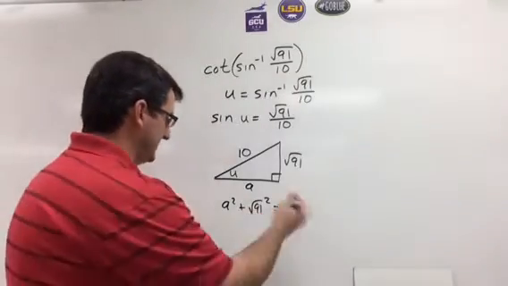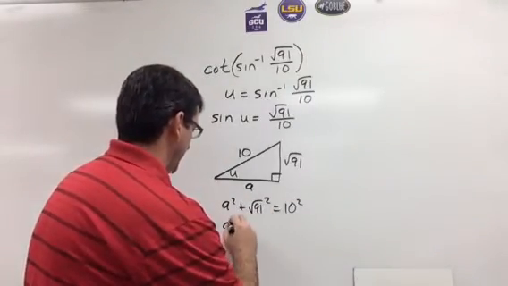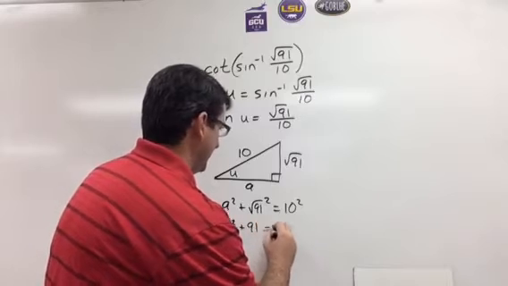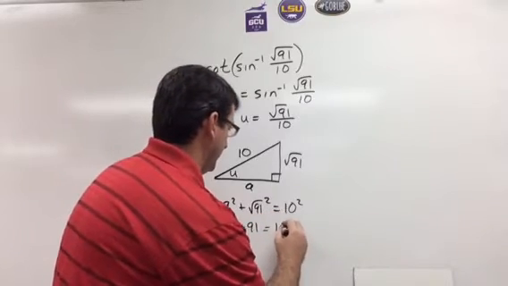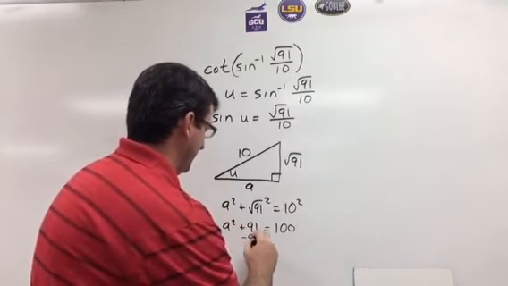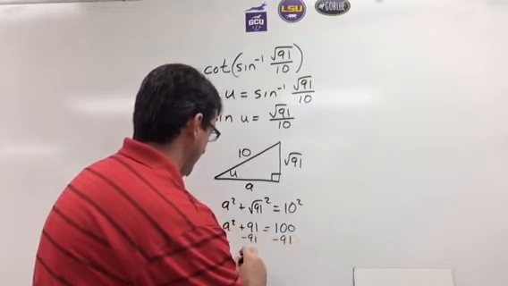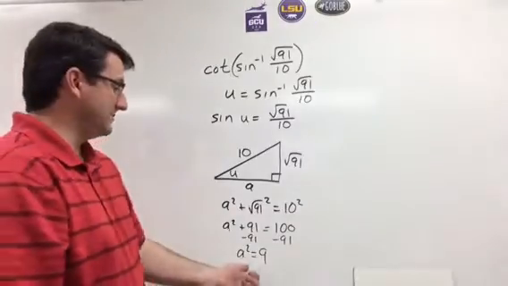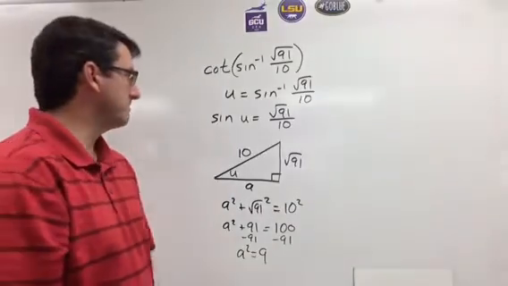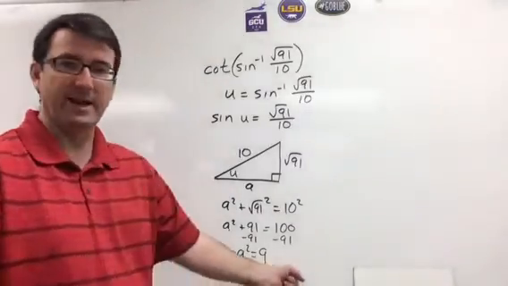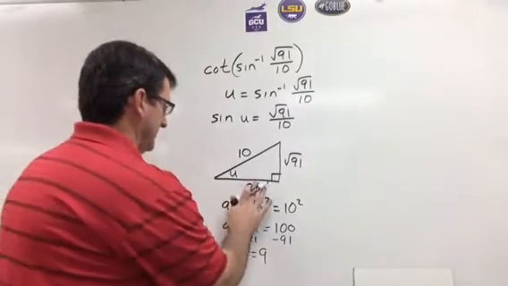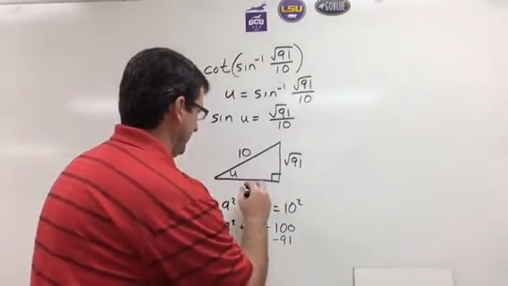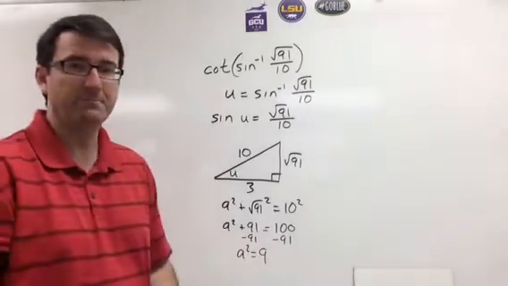The square root of 91 squared is just 91, so a squared plus 91 is equal to 10 squared, which is 100. We can subtract 91 from both sides. We get a squared equals 9. So a is plus or minus 3, but we know it's not the negative 3. So let's go ahead and put in 3 for a.